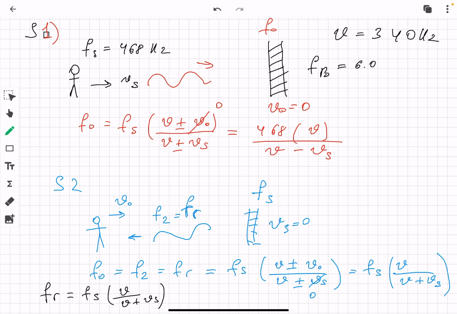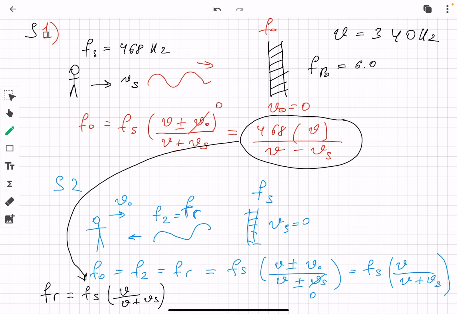Now, in the second scenario, the frequency of the observer becomes the source, so you take this one and plug it here.